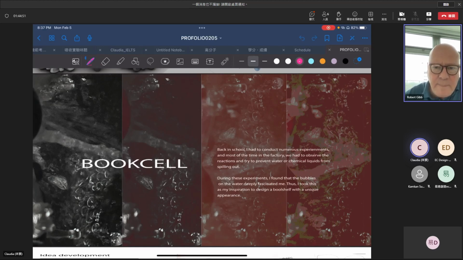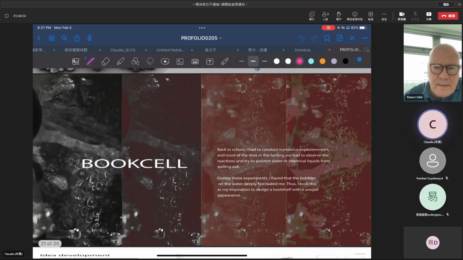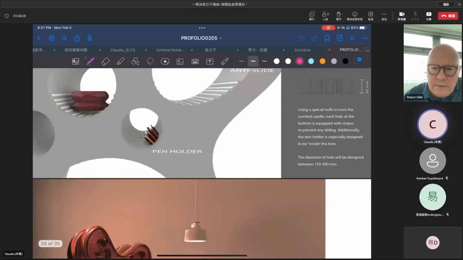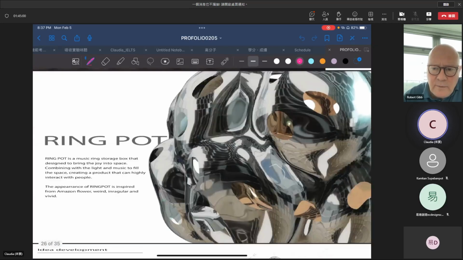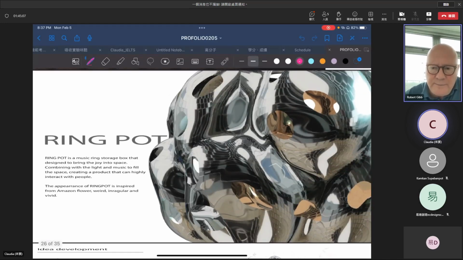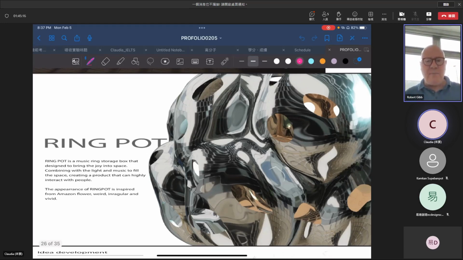Ring pot. Okay, so again, with Ring pot. Having seen what I've seen, I think in the first two projects, Paddy and the scooter, you've identified audiences, and you've also identified a problem.